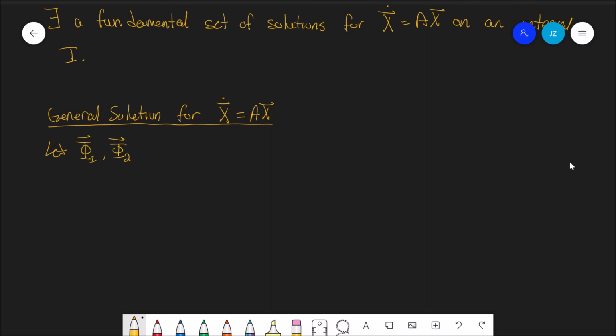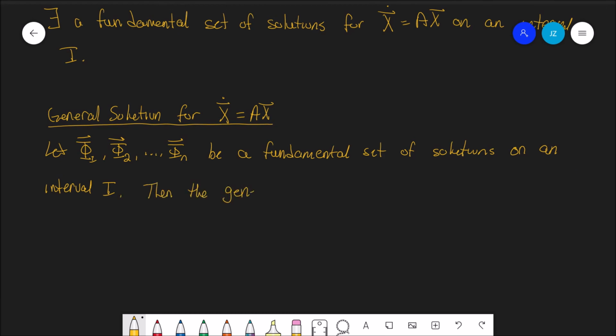So given a fundamental solution set over an interval I, then the general solution on this interval is phi equals C1 phi1 plus C2 phi2 plus and so on, plus Cn phi n, where each of the Ci's is an arbitrary constant.